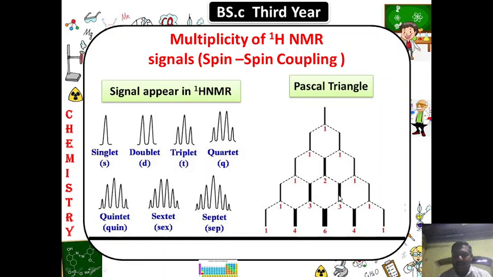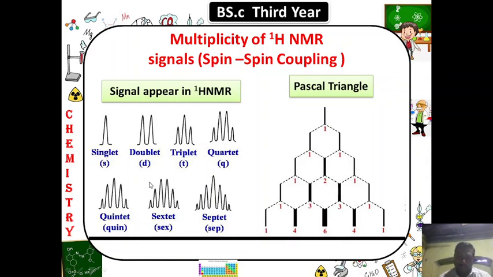Then it splits once again, and the middle peak is big because it merges two peaks. After that, with 4 neighboring protons, n plus 1 is 5, and five signals arise, a quintet.